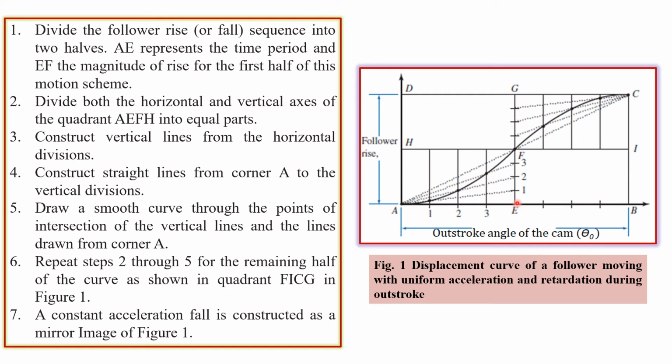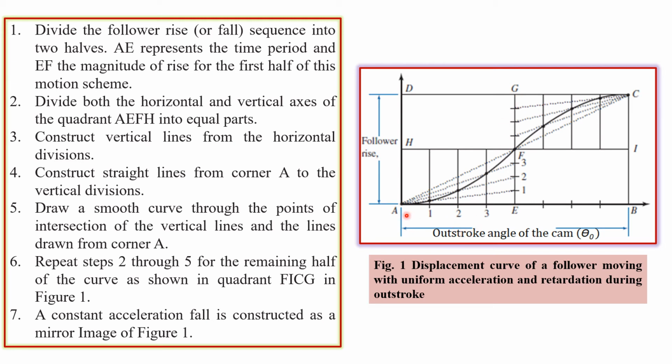I will also divide this central ordinate into the same number of parts as I divided the abscissa. I divided the abscissa into 8 parts, so I am going to divide the central ordinate into the same number of segments: 1, 2, 3, 4, 5, 6, 7 and 8. These are the divisions of this central ordinate.